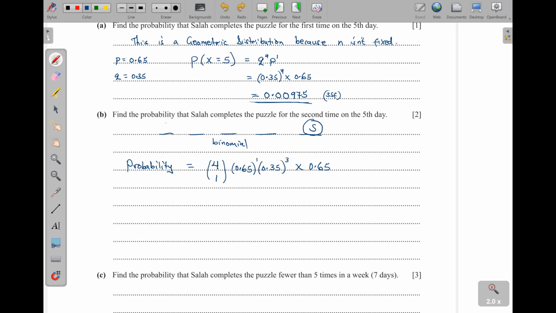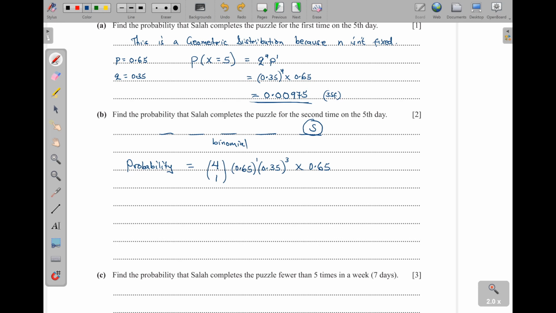But the winning can be here, can be here, can be here, or can be here. So those are 4 cases. Okay, so that's why we have 4 combination 1, which is a 4. So after failing 3 times, then succeeding 1 time, it appears 4 times here. So that is why we put that combination.